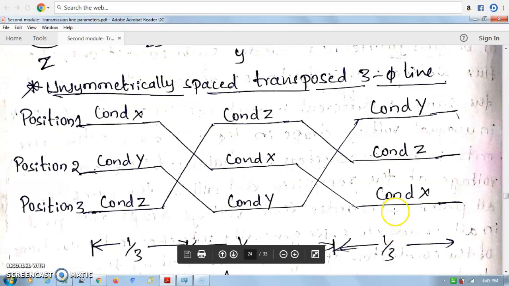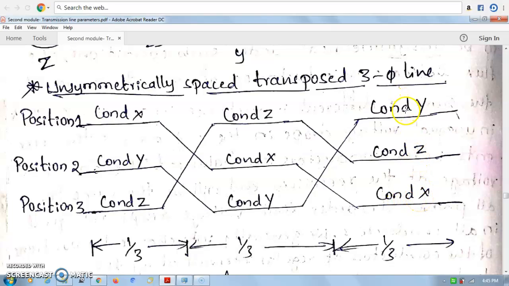See here, X is at the third position. So, due to the Y conductor, what is the distance at the X conductor position? 1, 2, 3, 3, 1. So it should be 3, 1. The distance should be in the order 3 to 1. Next, due to the Z conductor, the flux on the X conductor, that is D 2 to 3.